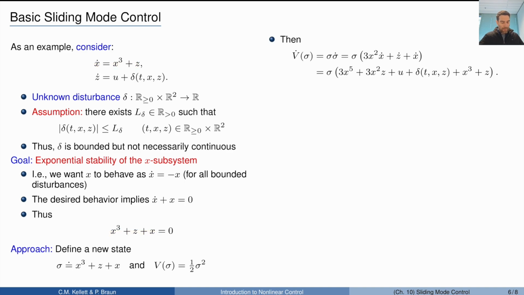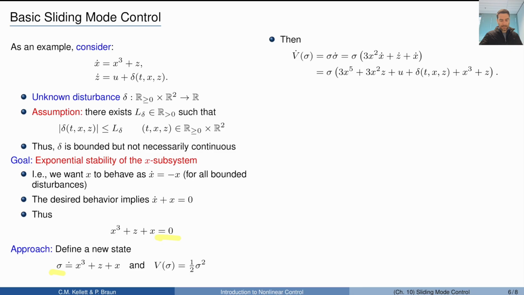Now, of course, in general, this won't be equal to 0, so we can define a new variable sigma as this left-hand side here, which is then just a function of the state x and z, and we can introduce this function V here, which will be used as a Lyapunov function later on. But at this stage, it's just a candidate Lyapunov function for which we want to design a controller such that a certain decrease is satisfied.